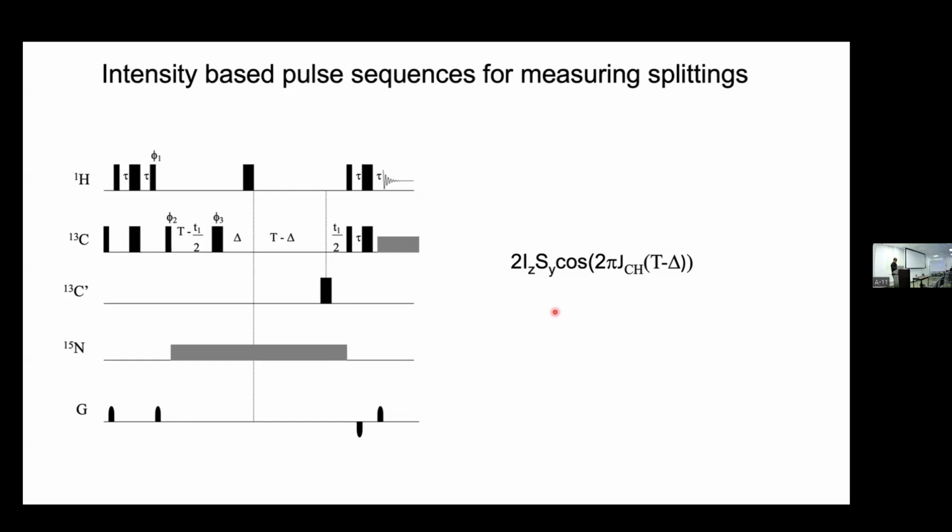Then you vary the delta number, and the intensity will be modulated. You can then fit the modulation of the intensities to get the couplings out. All right, so we'll continue tomorrow. We'll work through the product operator analysis of a few of these, and then continue talking about RDCs.